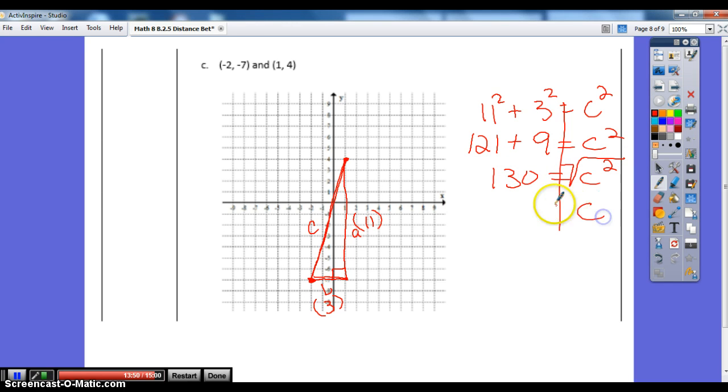Square root is C equals, and the square root of 130 rounded to the nearest 10th is 11 point what? 11.8? 11.4. Excellent. And it was units. A lot of you even had it labeled, which was very impressive. All right, so start your homework, the last 2 pages, 7 and 8 in your packet.